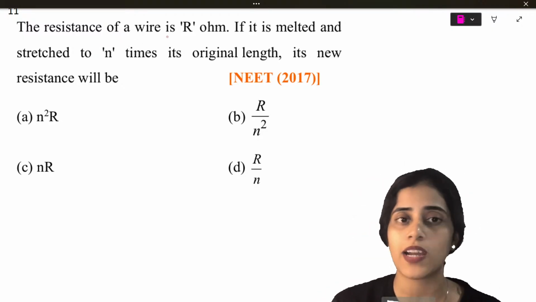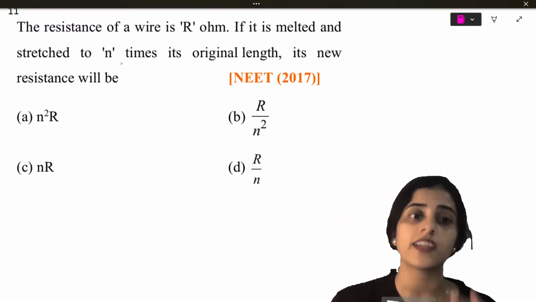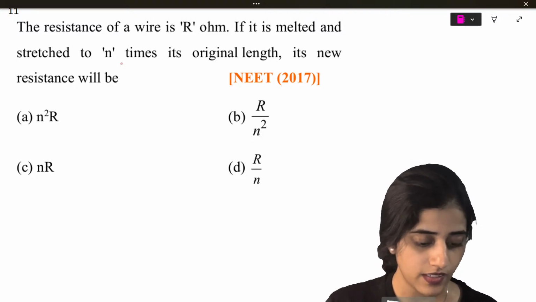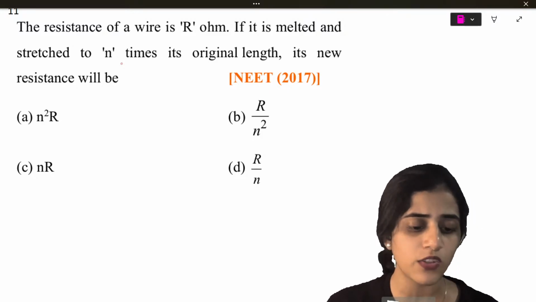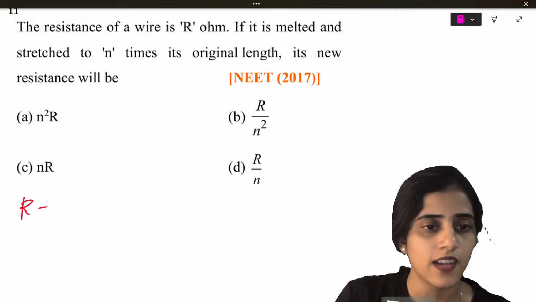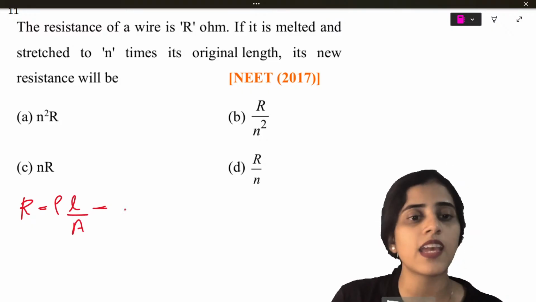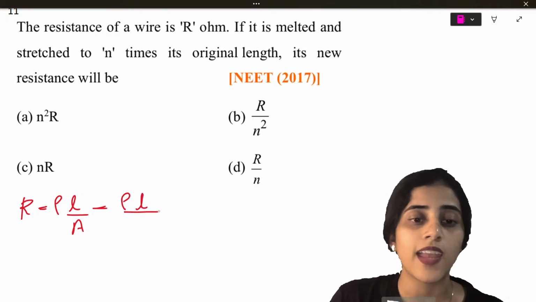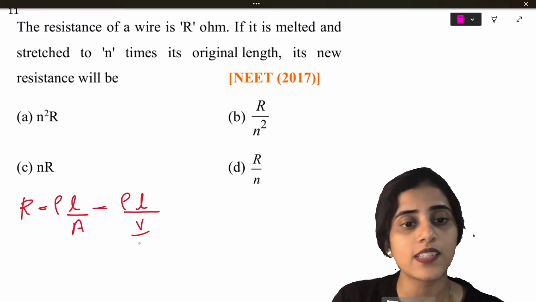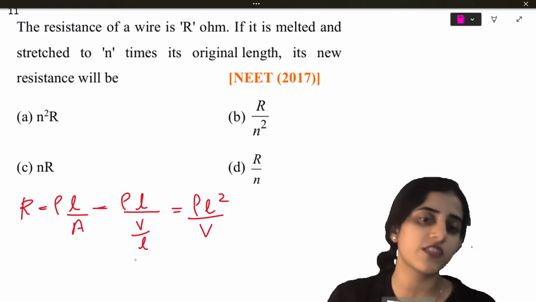The resistance of a wire is R ohm. If it is melted and stretched to n times its original length, its new resistance will be. So first I will write down the formula. What is the formula for resistance? R is equal to rho L by A. Now this is the same as rho L by, instead of area, I will write it as V by L. So this is going to be rho L square by V. V is the volume.